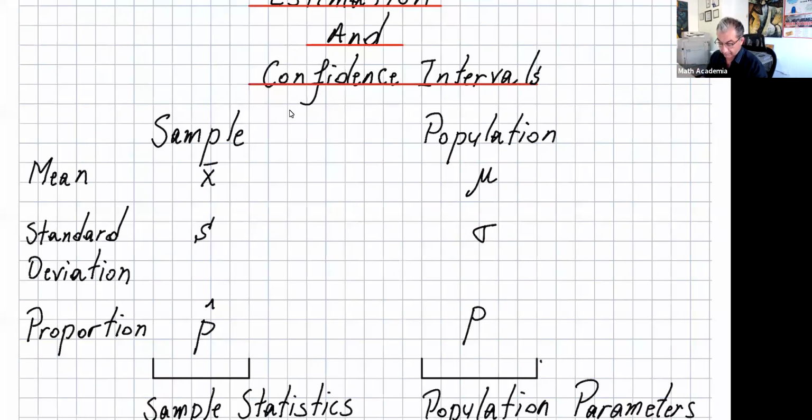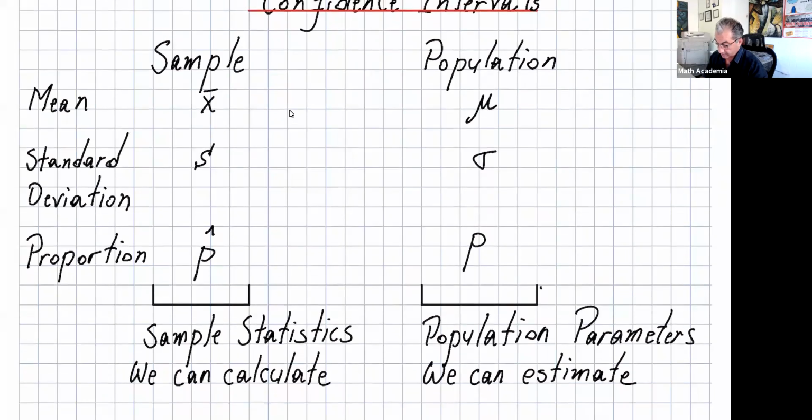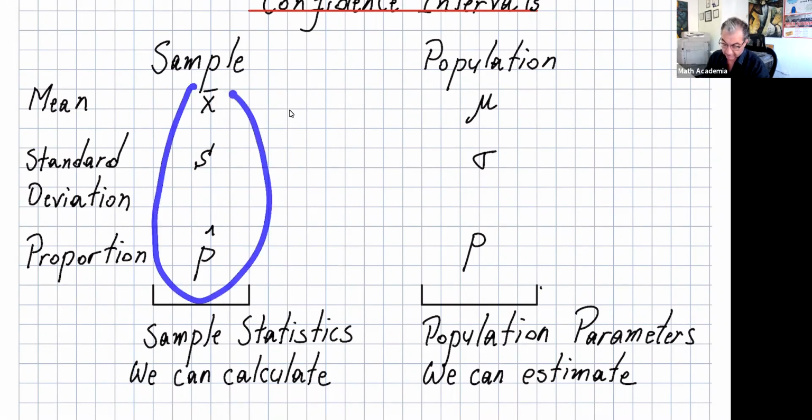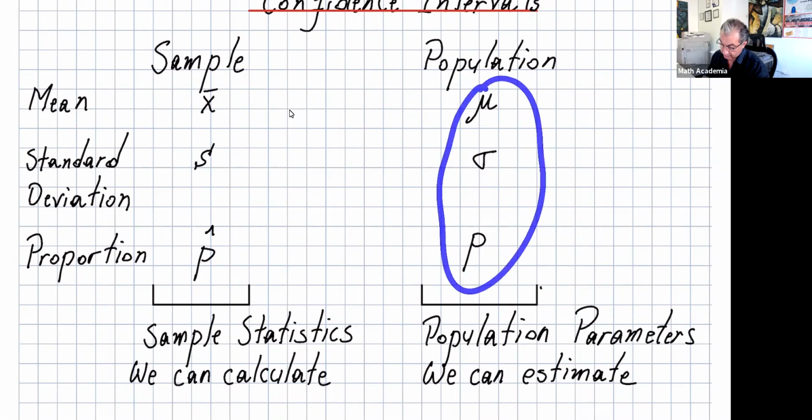So now the difference between sample and population, first of all, just know that these are called sample statistics. And I put a note for you here. Usually sample is small, and we can calculate. There are formulas available to calculate the sample statistics. These are called population parameters.